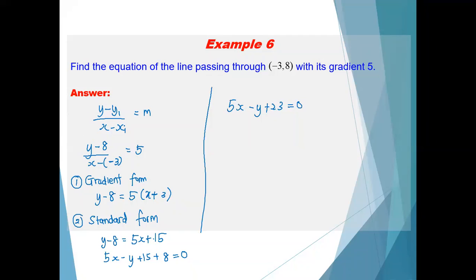Okay, the third one is a intercept form. Okay, for intercept form, okay, daripada sini you have a 5x minus y plus 23 equal to 0. 5x minus y is equal to negative 23.